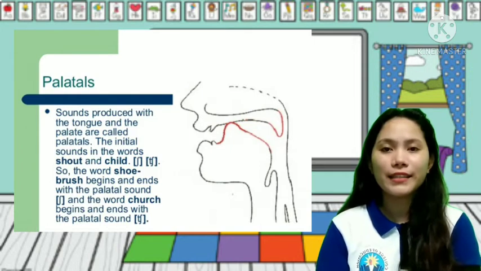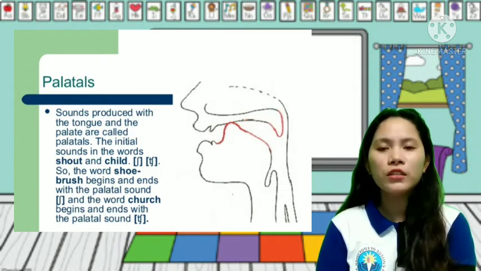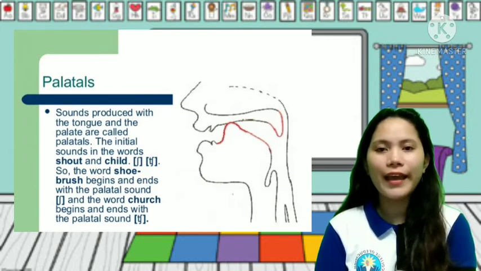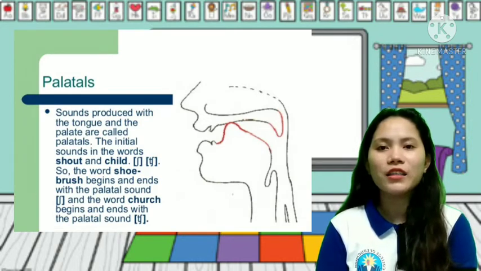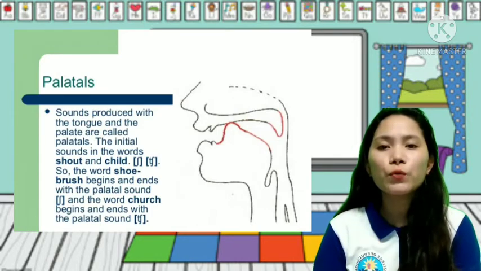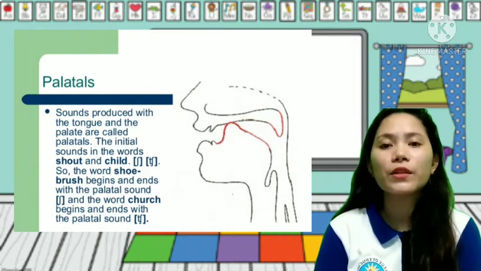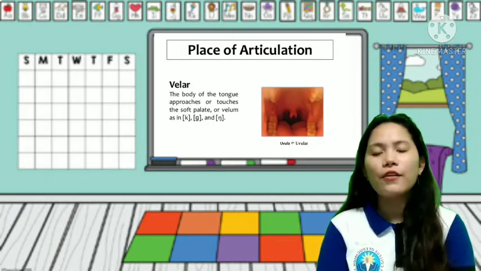The initial sounds in the words shout and child are palatals. The word brush ends with a palatal sound, and the word church begins and ends with a palatal sound. Velar.